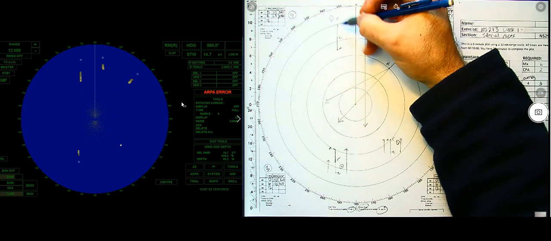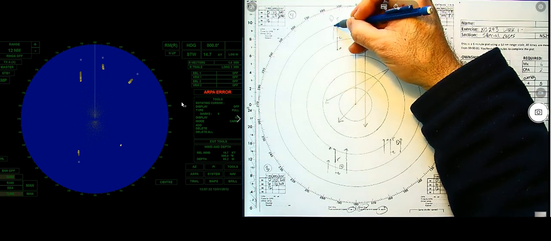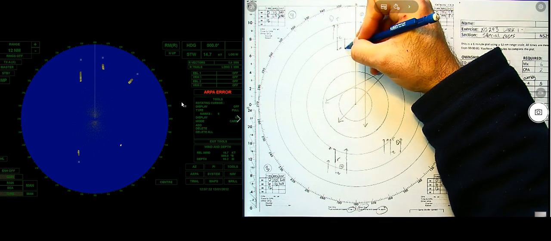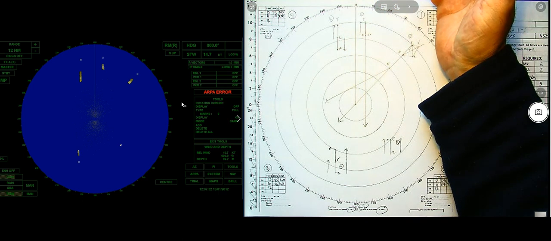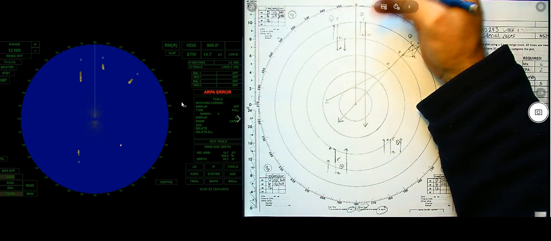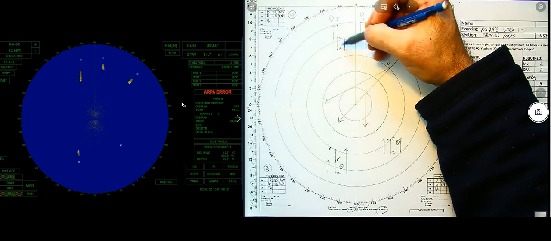Okay? Let's try that up here. E to R is ours, and E to M is them. Oh, wait a minute. We're going north, they're going south. Hey, that's reciprocal. Okay, they're on a reciprocal course. Look at the length of those. Looks to me like we're going north around 15. Looks to me like they're going south around 15. Maybe a little bit less, maybe 12.